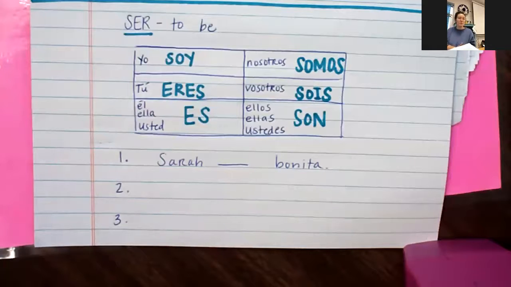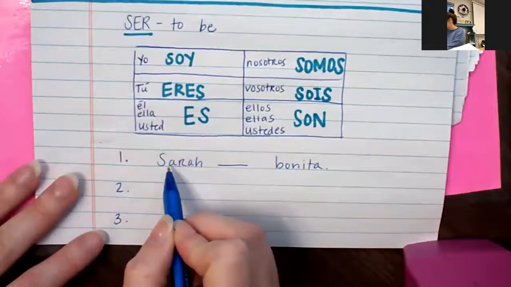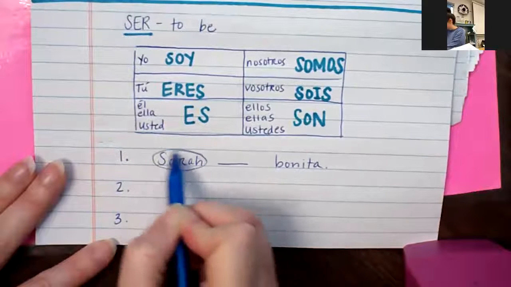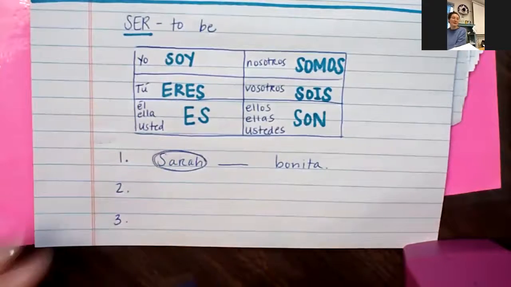So this portion of the assignment is going to require an extra step compared to what we did up at the subject pronoun section. So we are going to determine our subject, who the sentence is about. So the sentence is about Sarah.